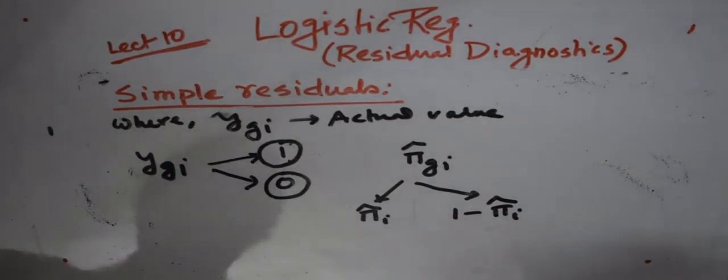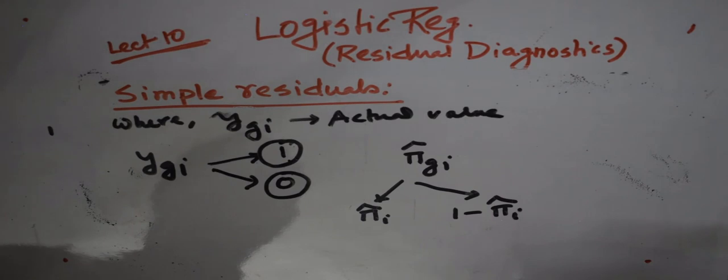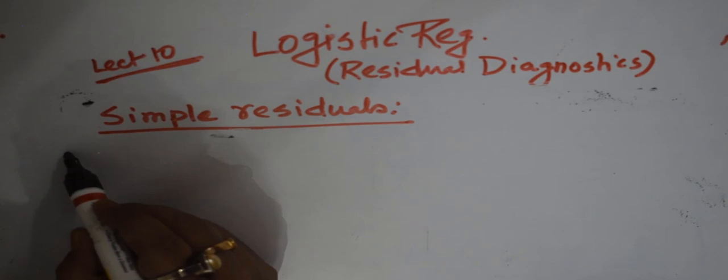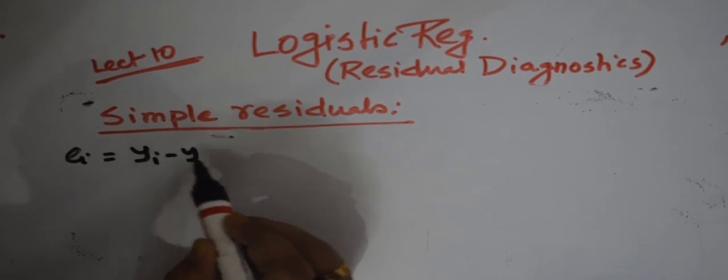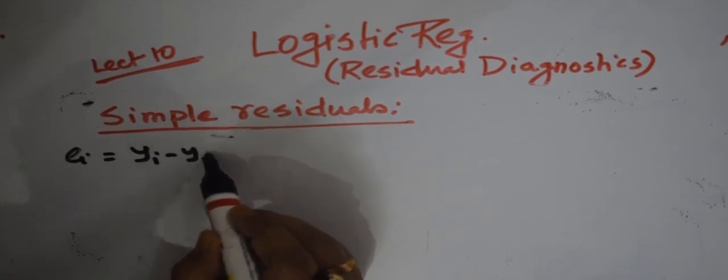So this is the difference between the residual for logistic regression and the residual for multiple regression. In multiple regression, the residual ei equals yi minus yi hat.